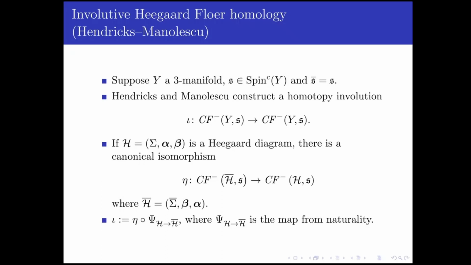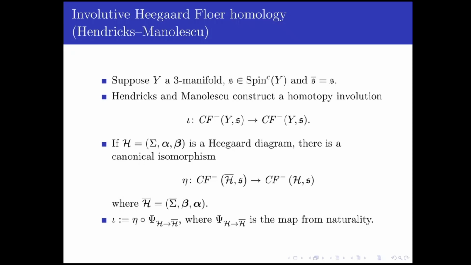There's also a map from naturality relating CF minus of H and CF minus of H bar. The map from naturality is obtained by picking a sequence of Heegaard moves which connects H and H bar. These might be stabilizations or handle slides or isotopies.